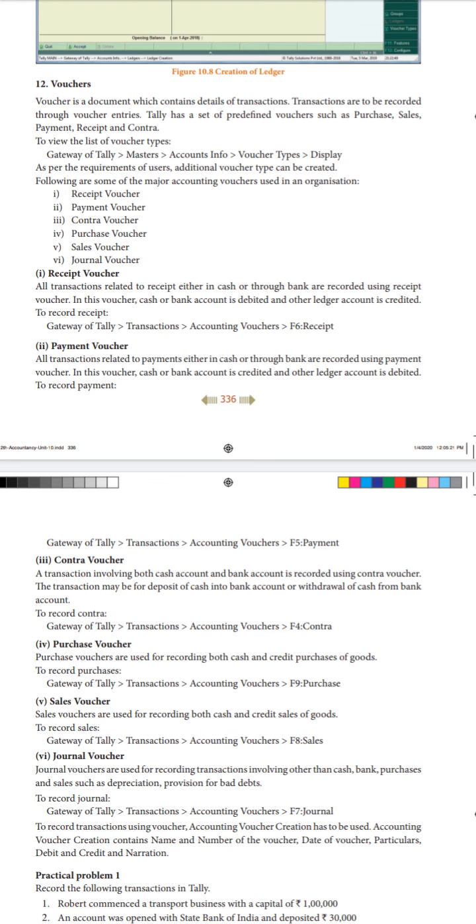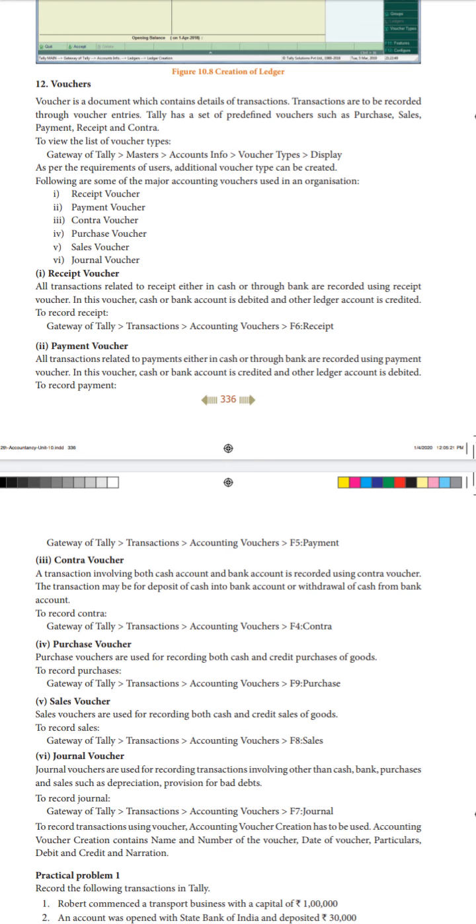The fourth one is purchase voucher. Whenever we make any purchases, those transactions may be in cash or on credit. Both types of purchase transactions must be entered in the purchase voucher. For that we'll use Gateway of Tally, Transactions, Accounting Vouchers. F9 is the feature for the purchase voucher.